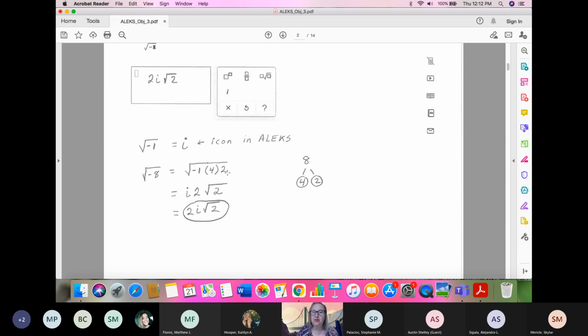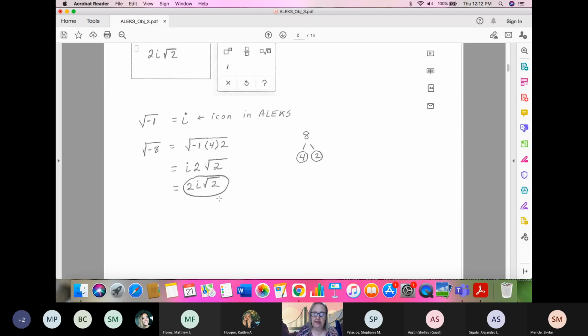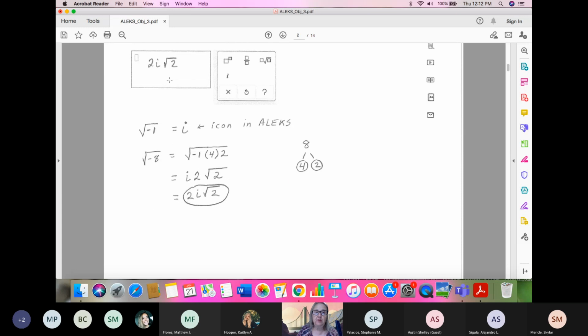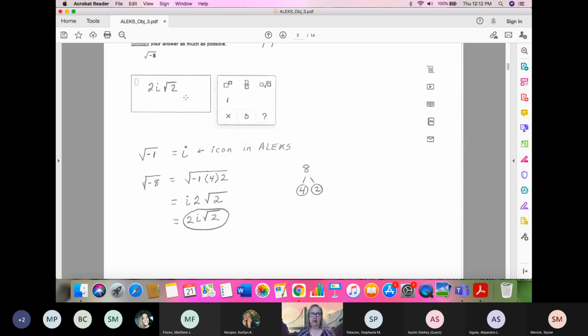Its only factors are 1 and itself, which is 2. So we leave it inside the square root. And typically what we do is write the real number first, and then the imaginary unit. So 2i square root of 2. 2i square root of 2 is the answer.